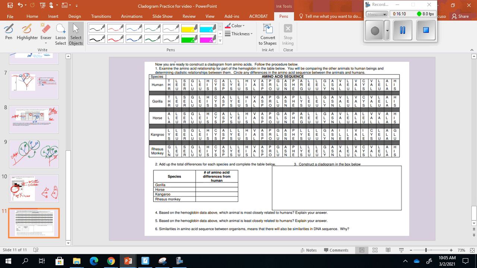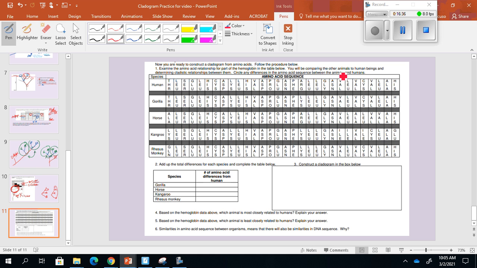Okay, the last one is a really big one, but I really, really like it. I also found this one online. So it says, now you're ready to construct it. So our last slide of all, you are going to actually make this cladogram. You're going to go from the very beginning of the data all the way to constructing it. It says, examine the amino acid relationship for the part of the hemoglobin in the template below.